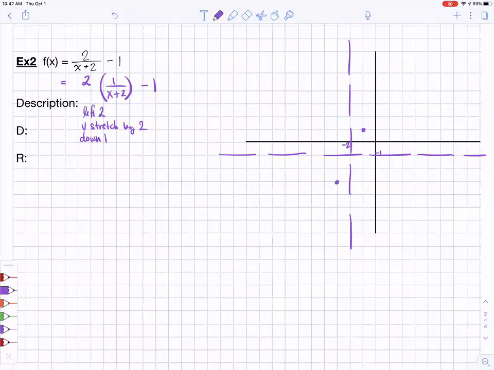And then just draw your curves. Stay inside the fences. Now be careful when you come up with your domain and range.